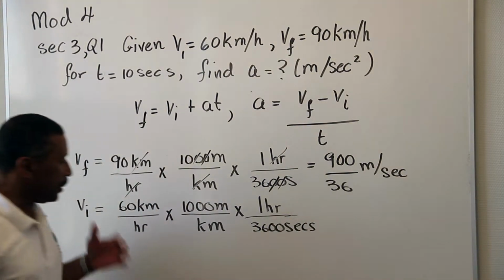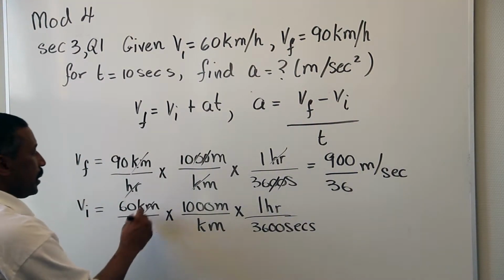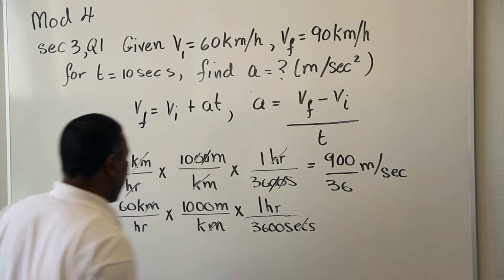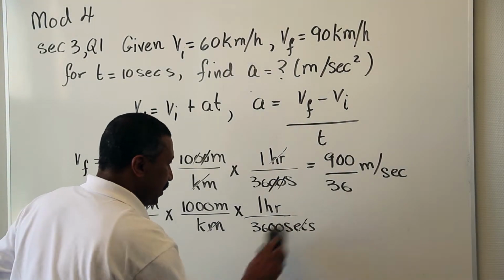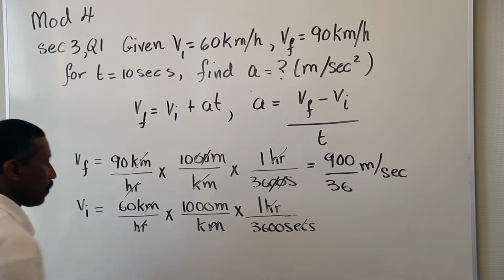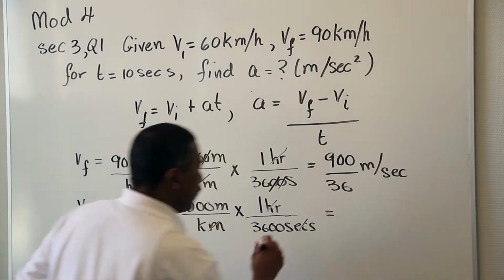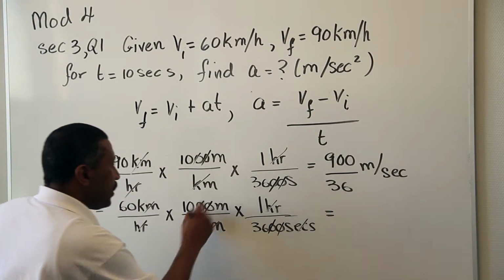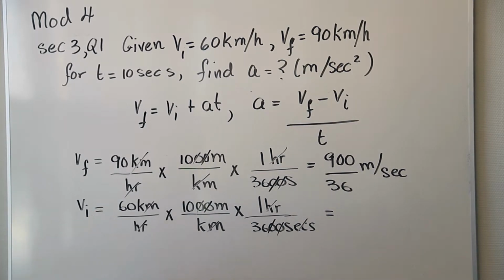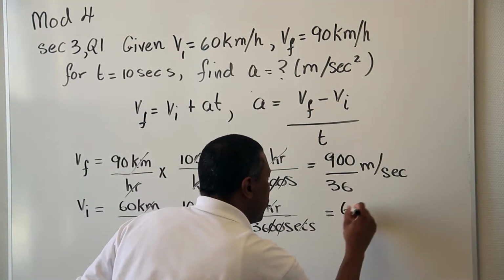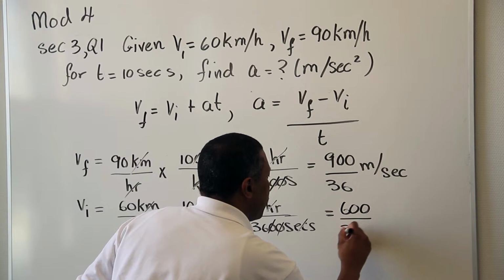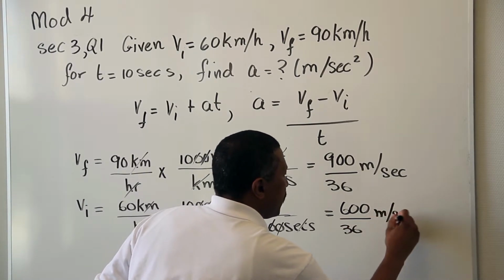And once again, we do our reductions. Kilometers cancel. Seconds we don't want to cancel. We want to cancel hours. That gives us further reductions with the zeros. What do we see? This becomes 600 over 36 meters per second.